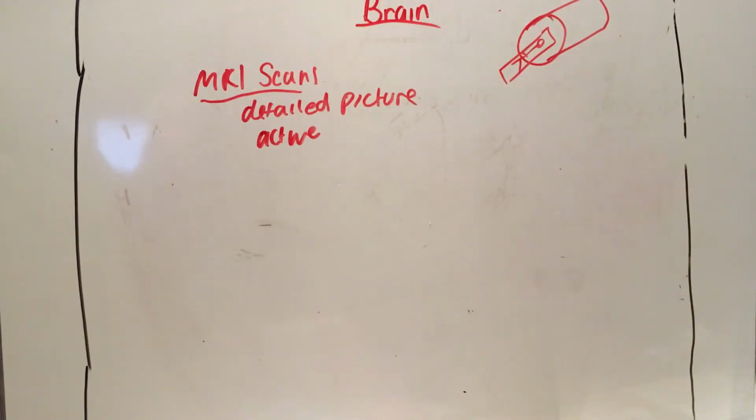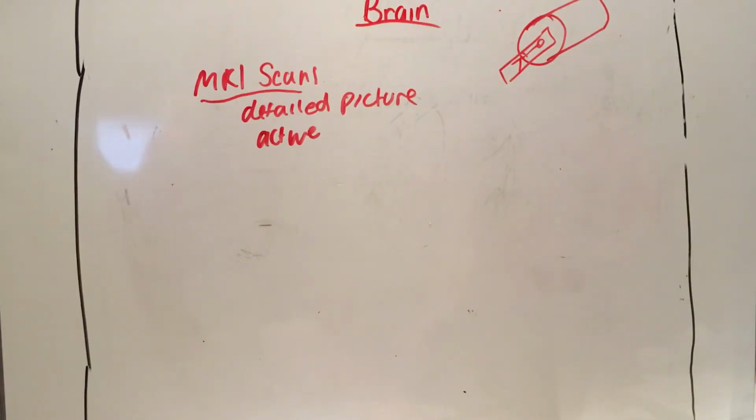I probably overcomplicated that sentence, but for example, if you tried to recall a memory, the detailed picture could show a part of your brain being active, and then they can decide that that part of your brain helps you with your memory.